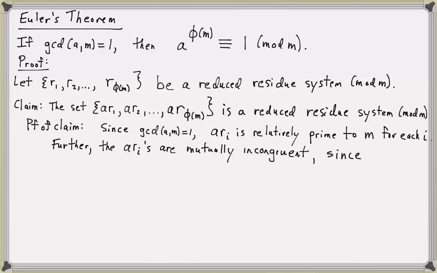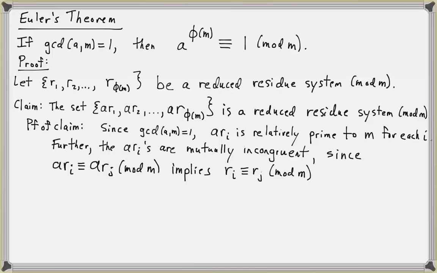They are mutually incongruent since if aR_i is congruent to aR_j mod m, then I can cancel the common factor of a by the cancellation rule because a is relatively prime to m. So if aR_i is congruent to aR_j, this implies that R_i is congruent to R_j mod m.